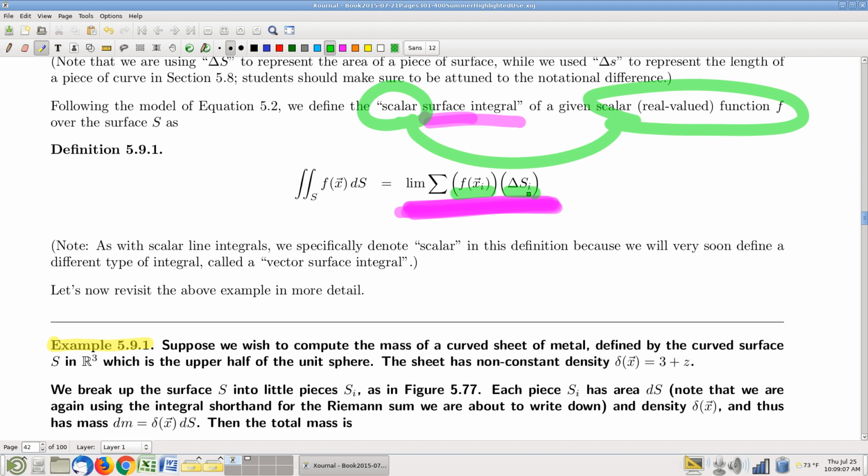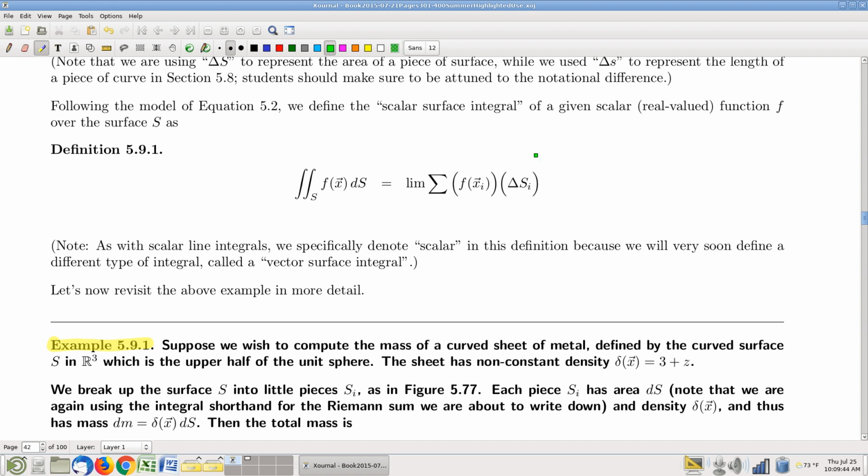Out there in the real world, outside of Math 212, pretty much people use the term surface integral and it's understood that the context should make it perfectly clear. I mean, why should I have to say scalar surface integral? Look, you can see right there, it's a scalar, right? No one ever talks like that. But I think as we're developing these ideas, it's convenient for me to be able to refer to these specific constructions, and I need that distinction, scalar surface integral. Okay.